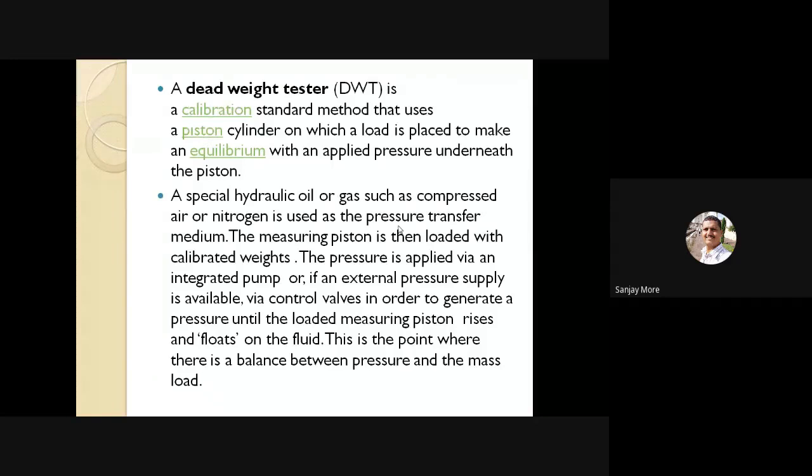Next line. A special hydraulic oil or gas such as compressed air or nitrogen is used as the pressure transfer medium.